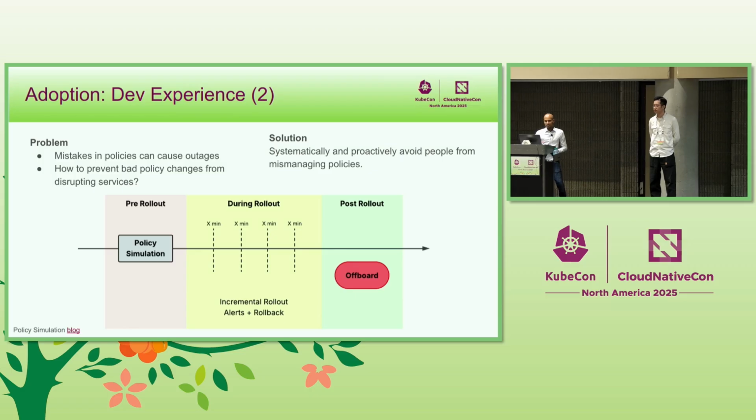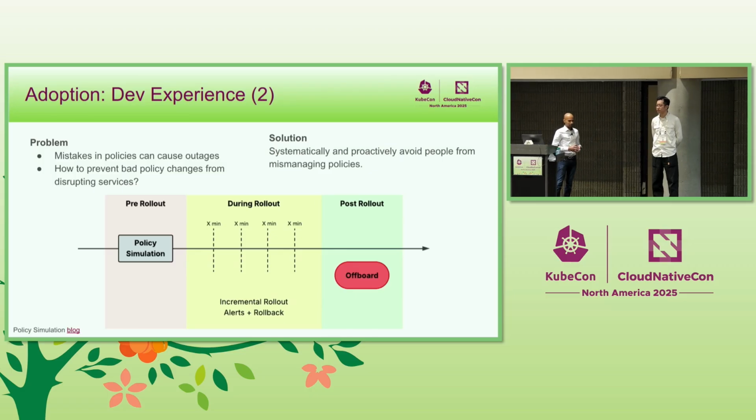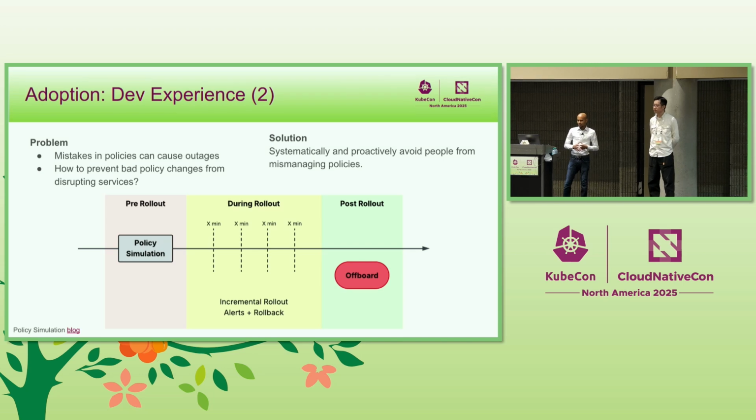The second part around the developer experience was around reliability. Generally, developers care about the reliability of their system, so if the policy was incorrect, adding it would have broken the system. So we want to be cautious over here. In order to ensure that bad policy changes do not disrupt the system, we came up with a comprehensive solution, which covers 3 different areas: pre-rollout, during rollout, and post-rollout.